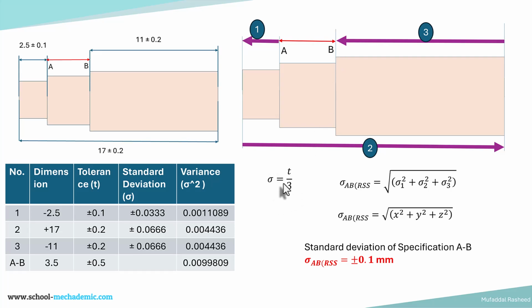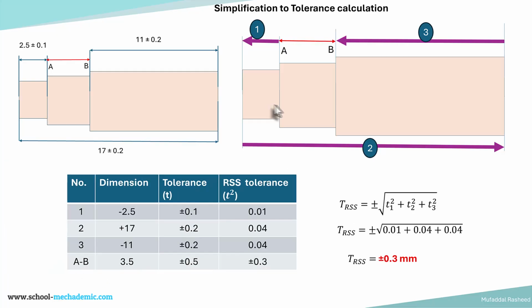It will be nothing but 0.1 into 3, which is plus or minus 0.3 mm. So the corresponding RSS tolerance, not the normal tolerance, is 0.3, which is less than 0.5. That calculation is shown over here, which is a simplified version of the tolerance calculation, avoiding the standard deviation terminology.